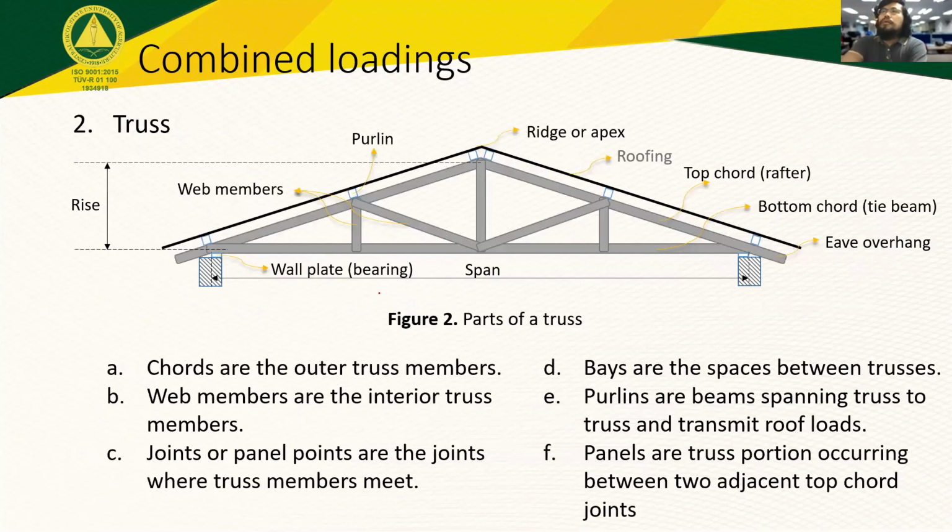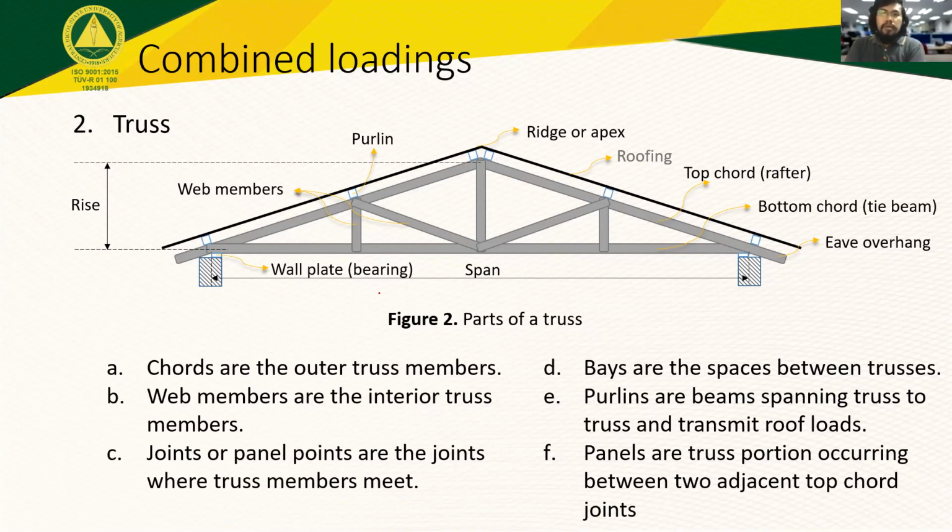Let's proceed to the parts of a truss. As you see, we have here the chords, and these are the outer truss members. The very basic truss would have members composed of wood, it could be concrete, very seldom steel as another common sight, or of a structural component that is the truss.